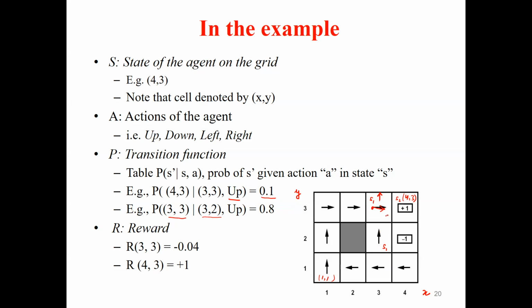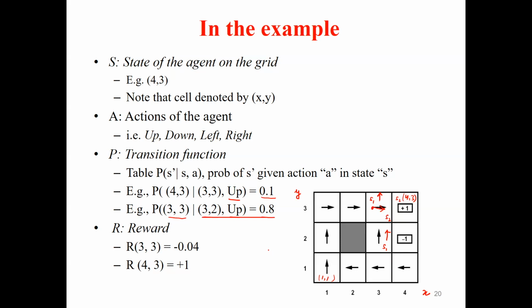So this is your S2. And the action you are taking is up. So you see that the action you are taking is actually the desired action. So the actions match. If you're moving in the desired direction, then the probability will be 0.8.